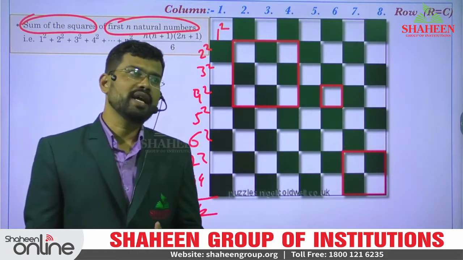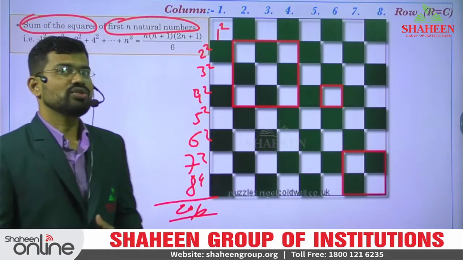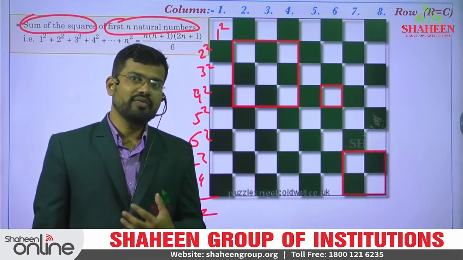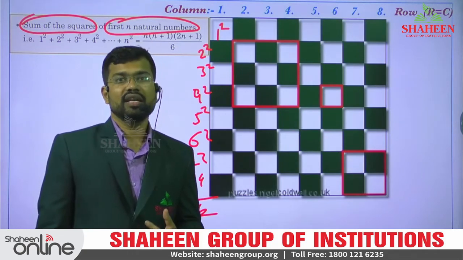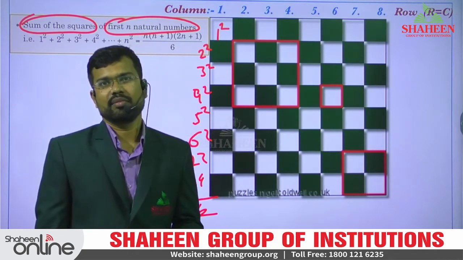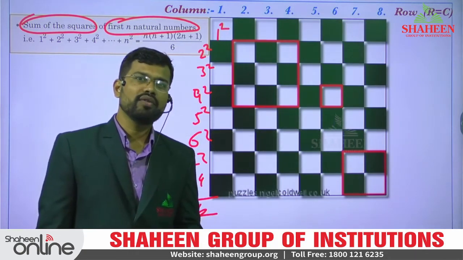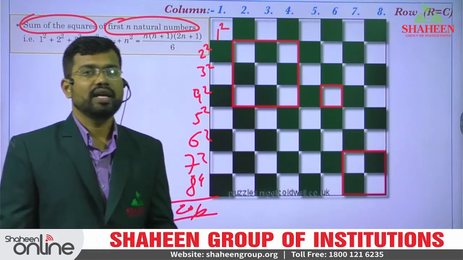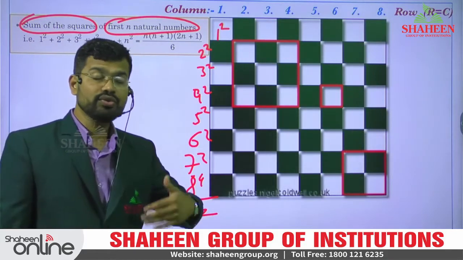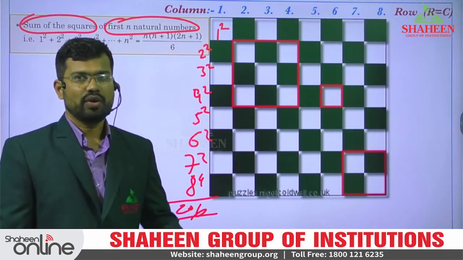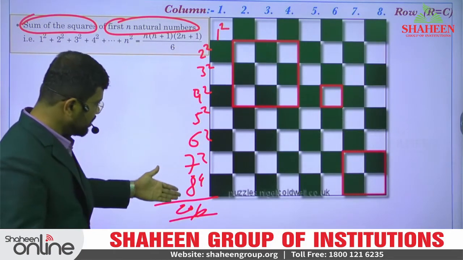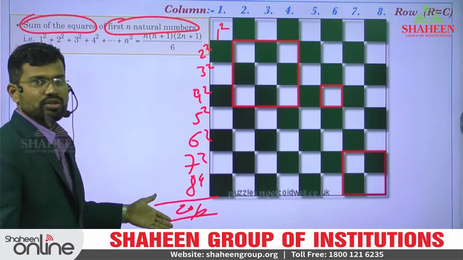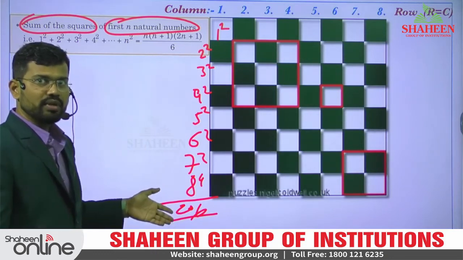In the natural numbers we have seen the sum of the first n natural numbers, the square of the first n natural numbers, the cube of the first n natural numbers. So now this is nothing but 1 2 3 4 5 6 7 8. These are the natural numbers. So the first n natural numbers' squares.